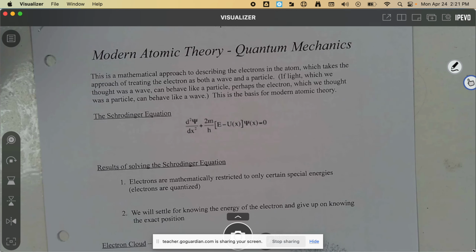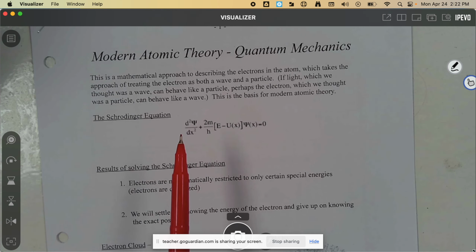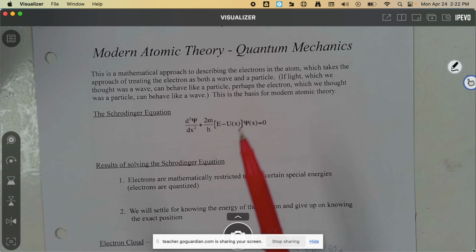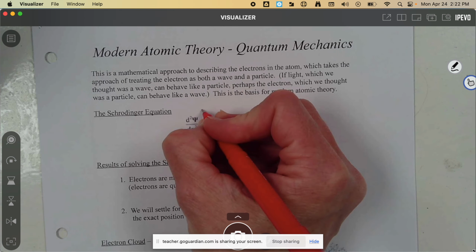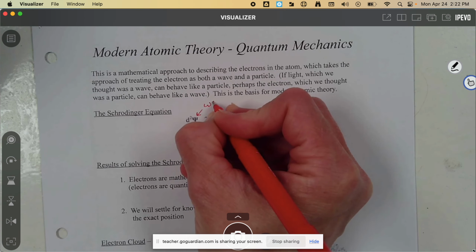Erwin Schrödinger came up with an equation that mathematically calculated the probability of finding an electron in a particular volume of space. It's kind of a yucky equation, but there are parts and pieces of this that you can make sense of. Second derivative, some of you that kind of makes your blood run cold at this point, of psi, and this is the wave function of the electron.